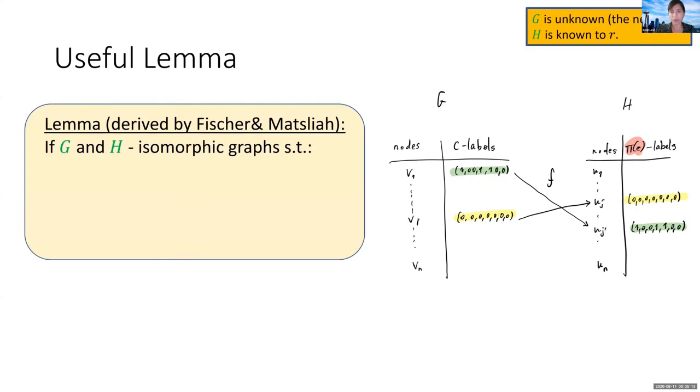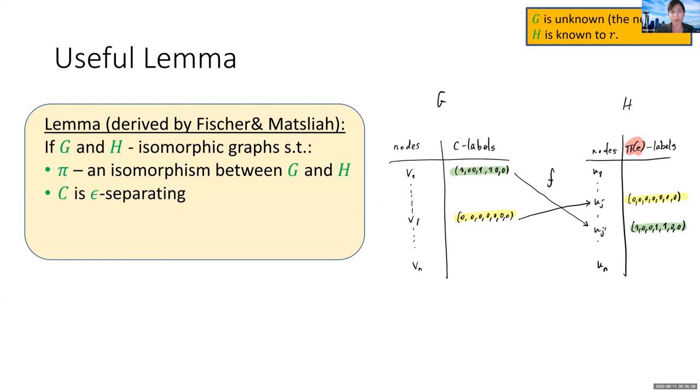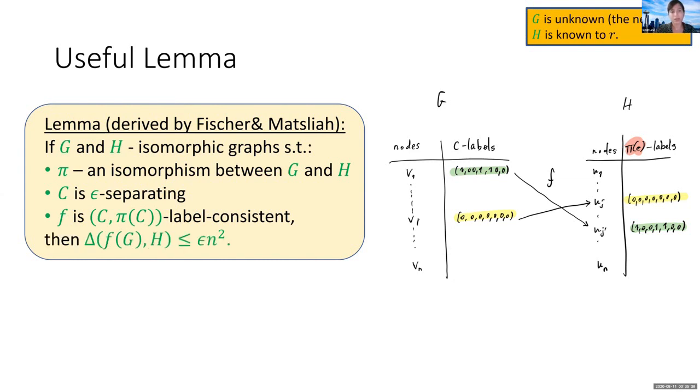A useful lemma, essentially derived from Fisher and Matzliach, is that if G and H are isomorphic, and pi is an isomorphism between G and H, and C is epsilon separating, and F is C, pi of C label consistent, then the Hamming distance between F of G, which is the graph G after we rename the vertices of G according to F, and H is at most epsilon n squared.